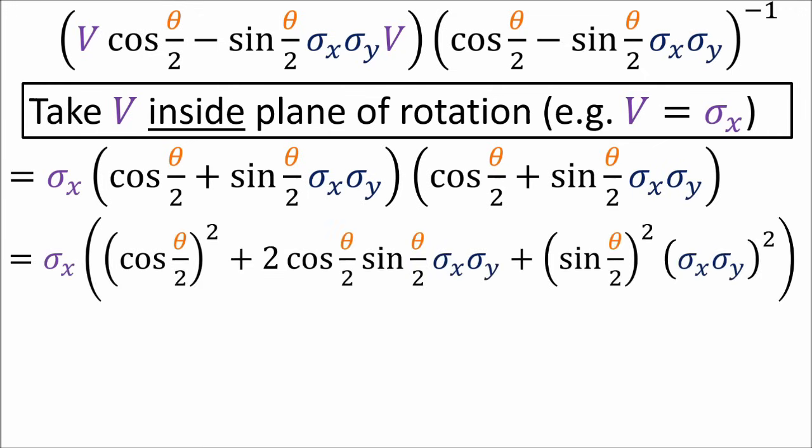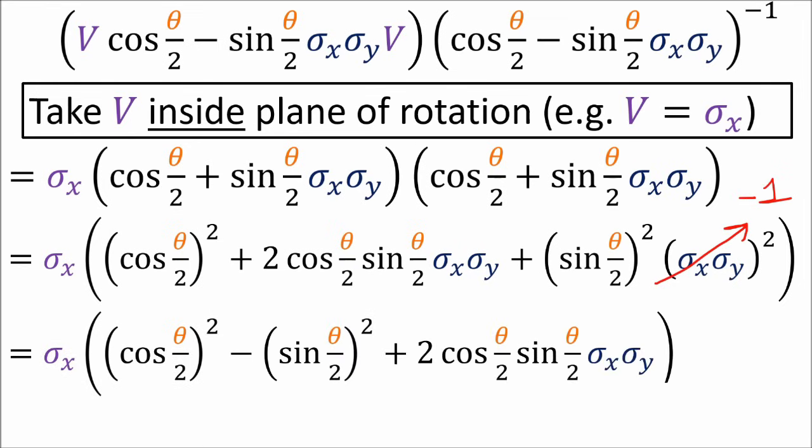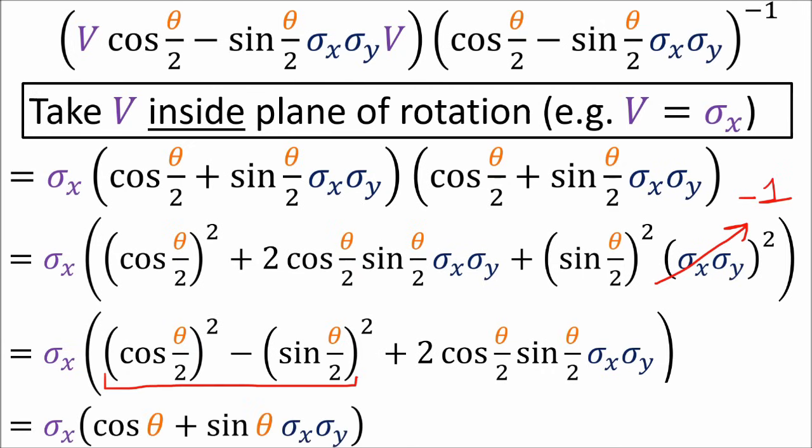Distributing, we get cosine squared plus 2 cosine sine times the xy bivector plus sine squared with the xy bivector squared. As discussed before, the xy bivector squares to -1, leaving us with negative sine squared. The result involves the double angle formula for cosine and the double angle formula for sine.